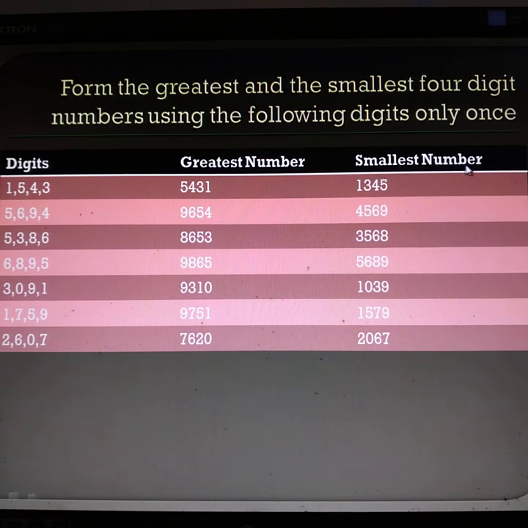Now for the smallest number, we have to write in ascending order. Here 0 is given, so the next smallest digit is 2. So to form this number we write 2 first, then 0, then 6, and then 7. In this way, when 0 comes in the digits, you have to write the smallest number like this.